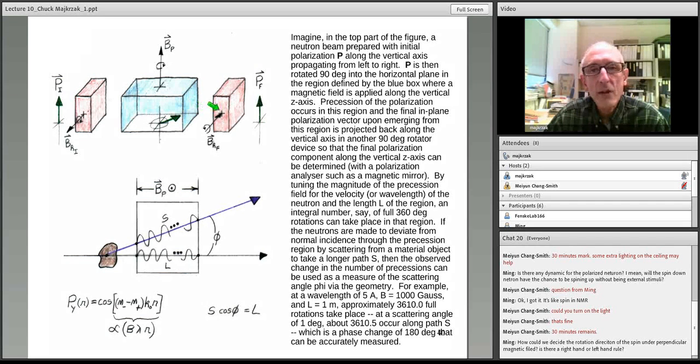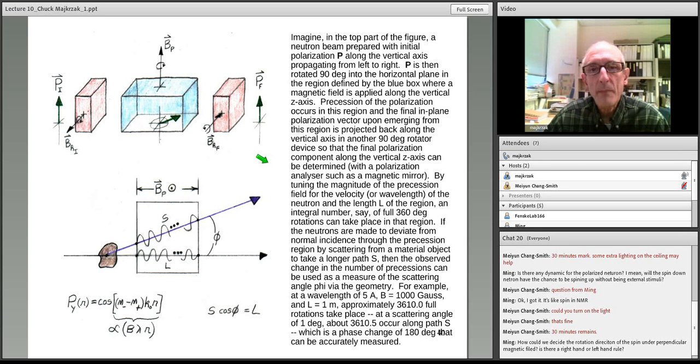But then if we rotate this back in this spin rotation device, if it comes back exactly parallel to the incident direction, then we know we did exactly an integral number of 360-degree rotations.